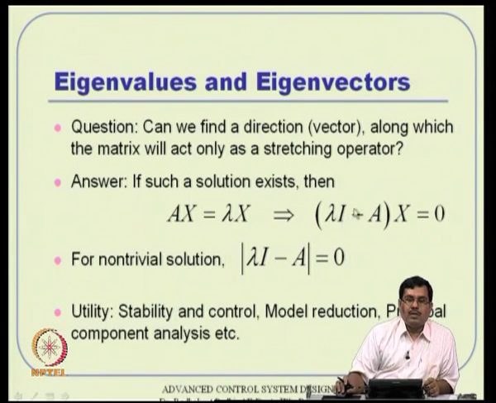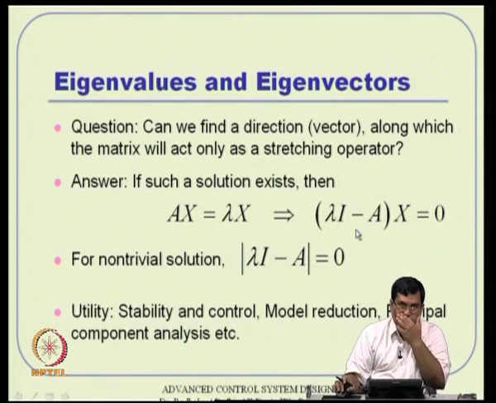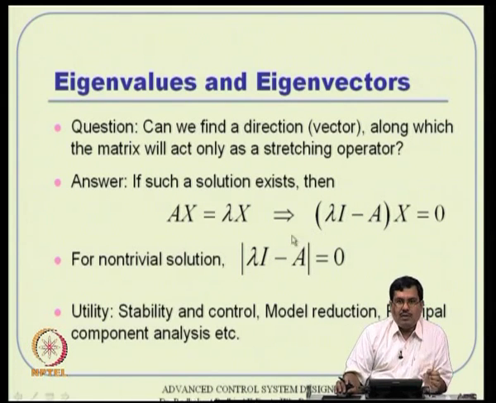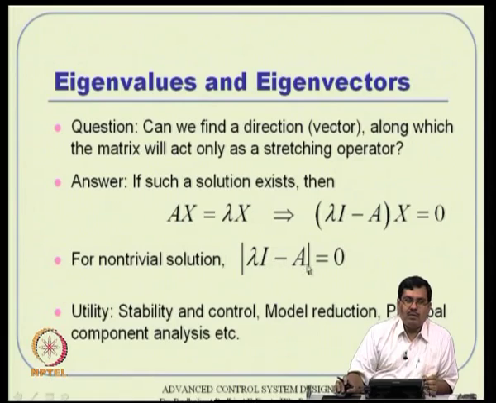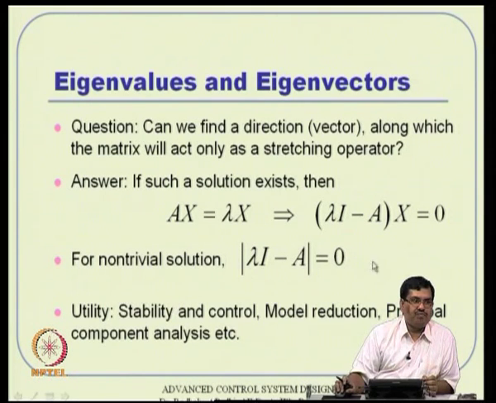Coming back to that, a non-trivial solution requires that the determinant equal 0, and that is how we typically see it in undergraduate texts: we deal with this equation, commonly called the characteristic equation. Given a problem, we can directly jump into the equation determinant of lambda I minus A equal to 0 and formulate a polynomial in lambda if A is n by n.